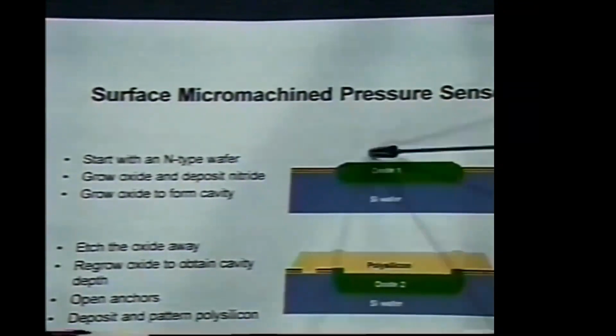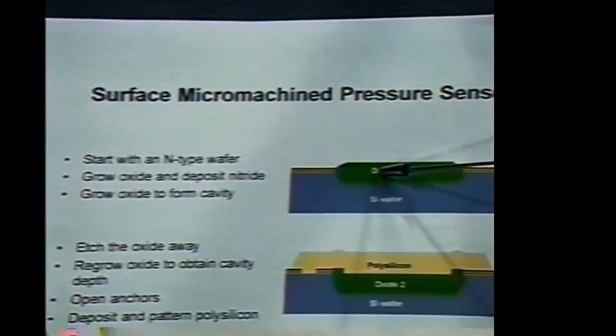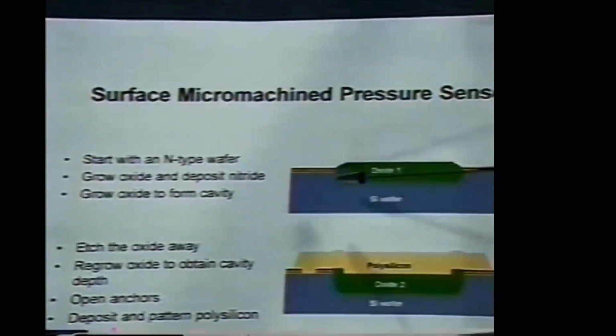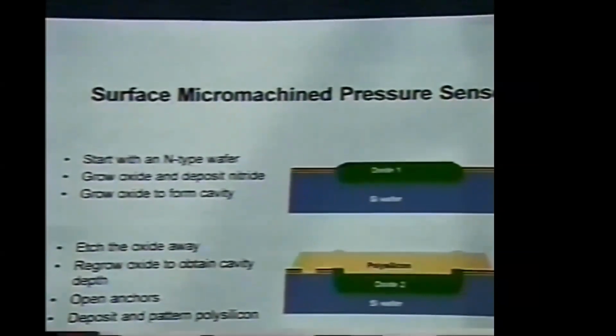Then we remove this oxide by etching, and usually this is some sort of a wet chemical etch with HF, and we regrow oxide. For those of you who are not familiar with oxide, when oxide grows on silicon, it usually swells and expands.